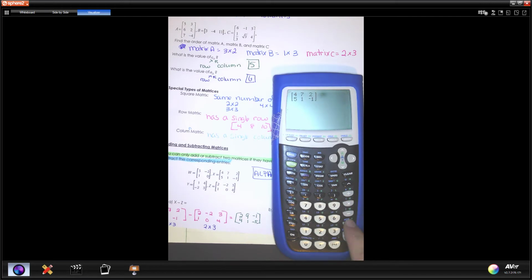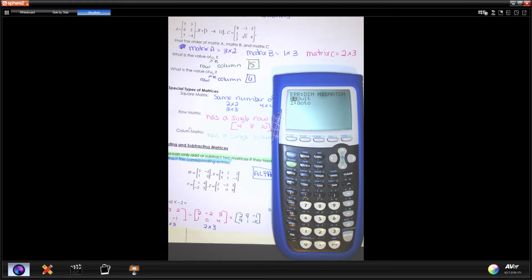And we wanted to add that to alpha zoom. And remember, this one is a 2 by 2. And then that happens to be 1, 4, negative 2, and 3. And unfortunately, look what happens.